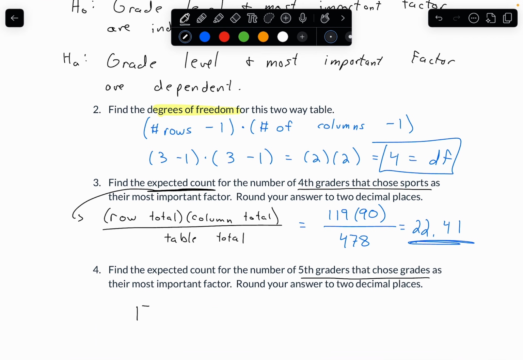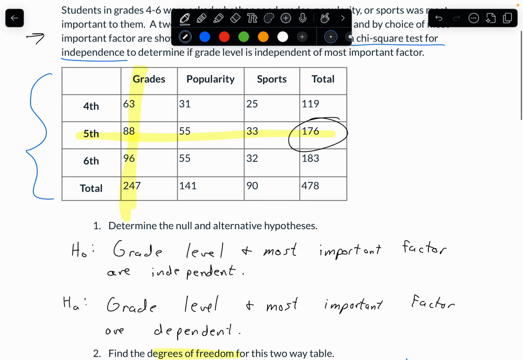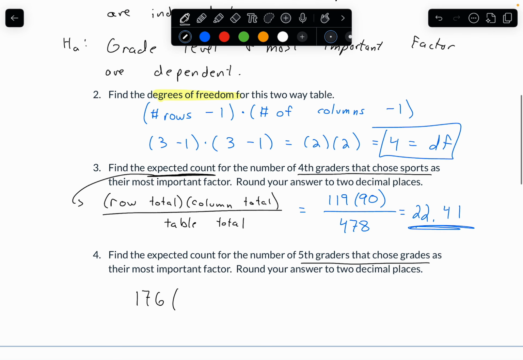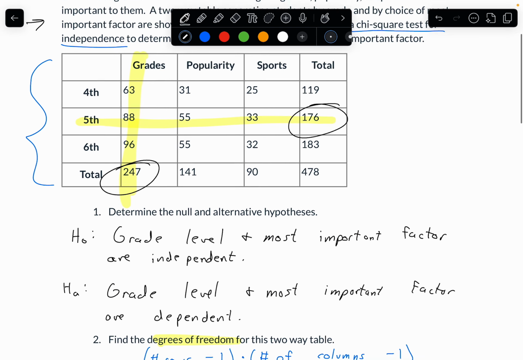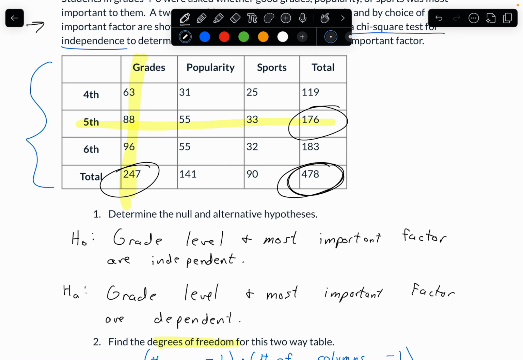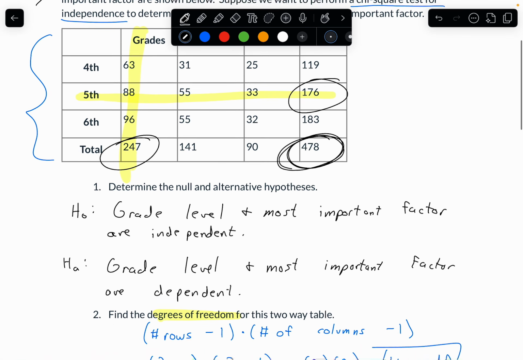So I would take 176 times my column total. My column total, the total number that chose grades as their most important factor, is 247. So times 247. Again, divided by my table total, the total number of responses in my survey, which was 478.